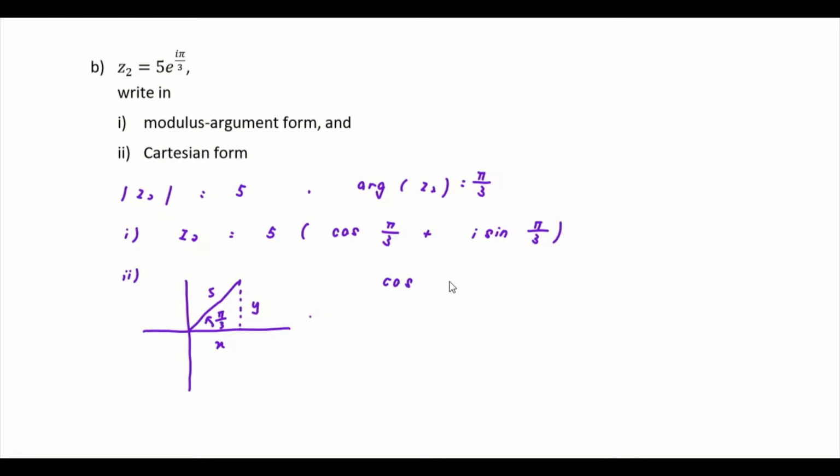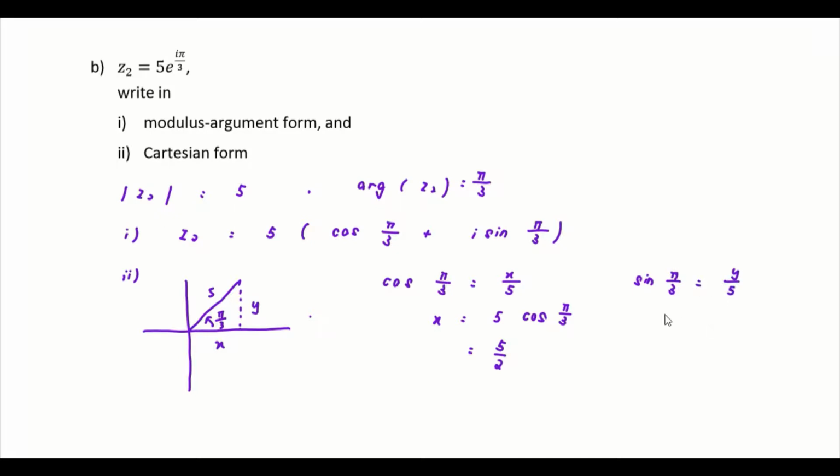So cos pi over 3 will be equal to A over H, right? So x over 5. So x will be equal to 5 cos pi over 3, which gives us 5 over 2. Then the same thing, sine pi over 3 will be equal to y over 5, right?